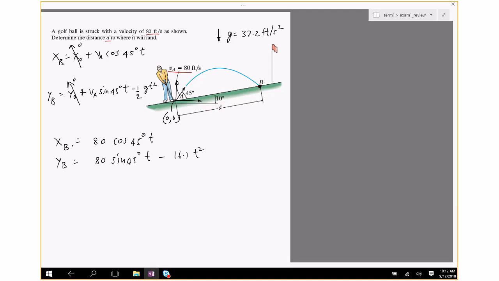The issue is that what I'm after is I want to find this distance d, and this point is xb, yb, and clearly d, what's d in terms of xb and yb?